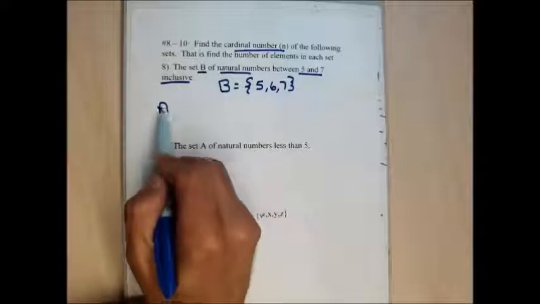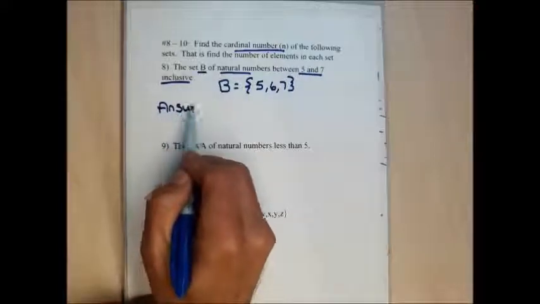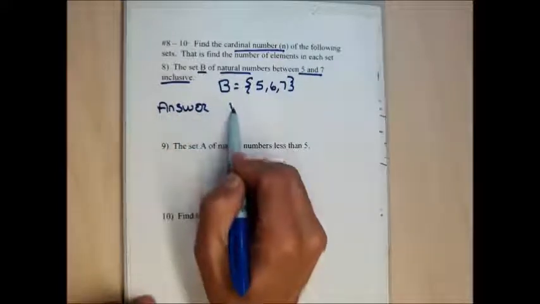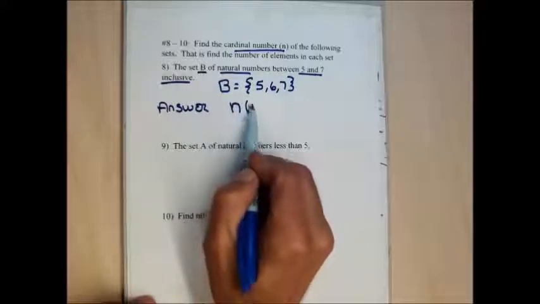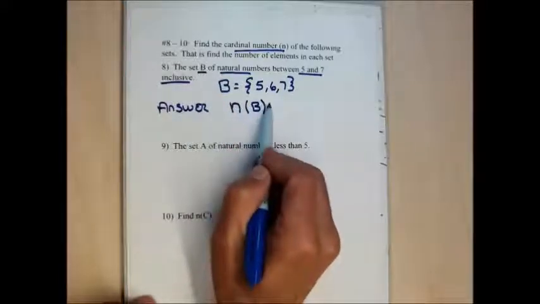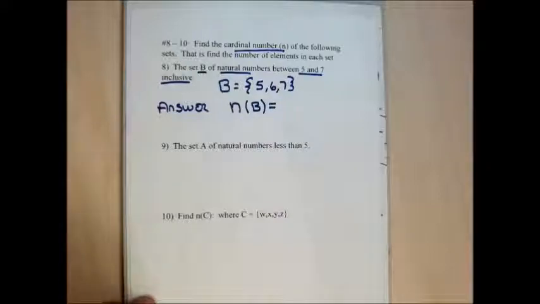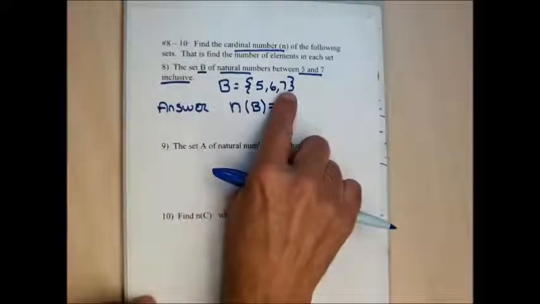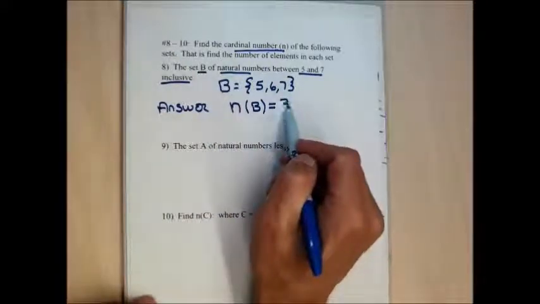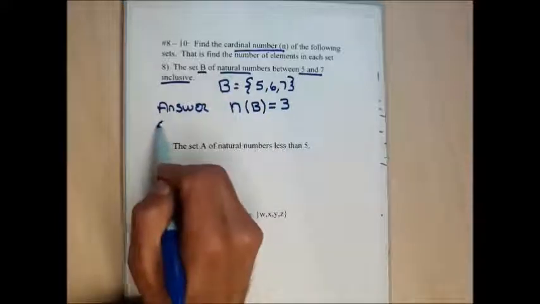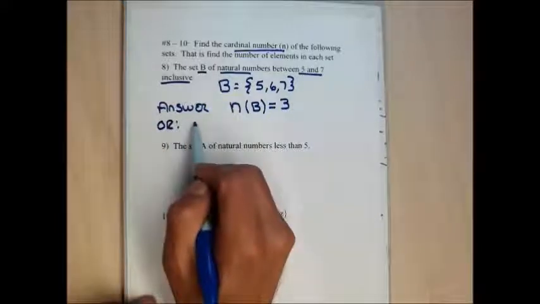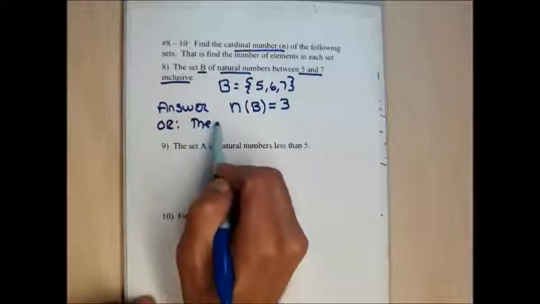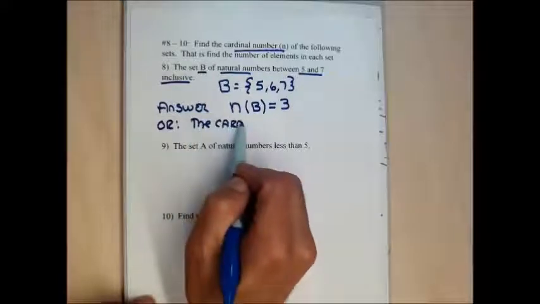When I go to write my answer, a slick way to write it would be the small lowercase n followed by parentheses with the set name and then an equal sign, and then the number of elements in that set would go after the equal sign. There's 3 elements in that set, and that would be fine. Another way to write the answer, you can say the cardinal number of set B is 3.